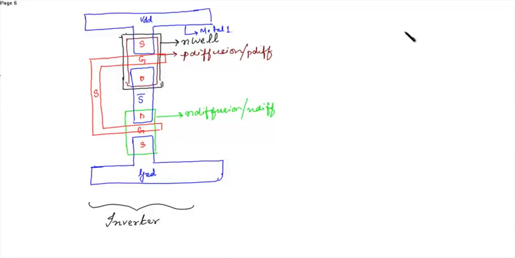In the transmission gate, if you remember in the normal schematic, it was somewhat like this. This was the N-well. Then the P diffusion layer.